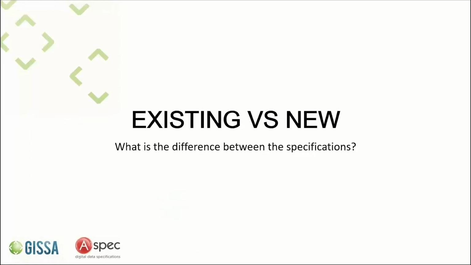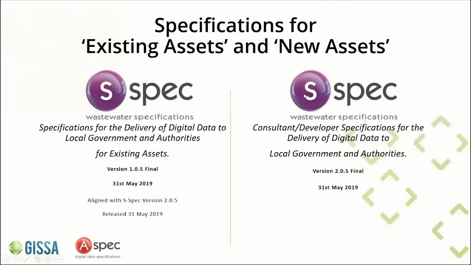So I want to start off with talking about the two kinds of specifications that we have, the existing and the new. Some of you may be familiar with them. Now, through your login, you will have the opportunity to download two documents. And one is a specification for existing assets.